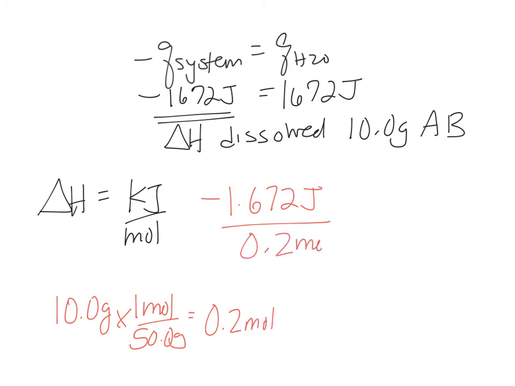So if we put 0.2 moles on the bottom and we divide, we get that the heat of solution for this salt, this pretend one I made up, is negative 8.36 kilojoules per mole.